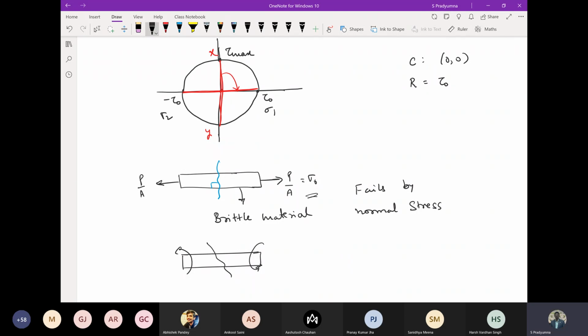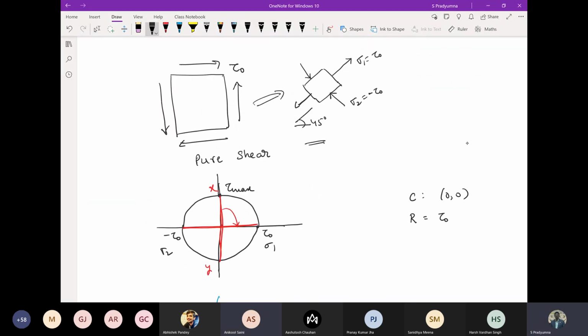Yes. So why should it break like this? Is it because of shear stress or normal stress? At 45 degrees, it is because of normal stress.